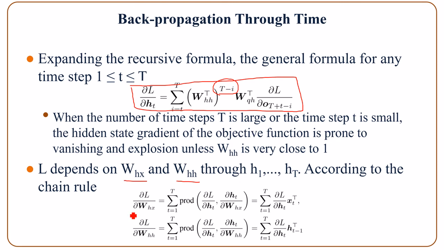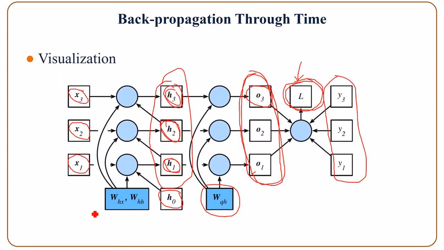Now we apply the chain rule just similarly. The loss depends on W_HX and W_HH through the hidden states from h_1 up to the final hidden state. And with that, you can go back to the visualization to see the loss function L here depends on the weights W_HX and W_HH via the hidden states.